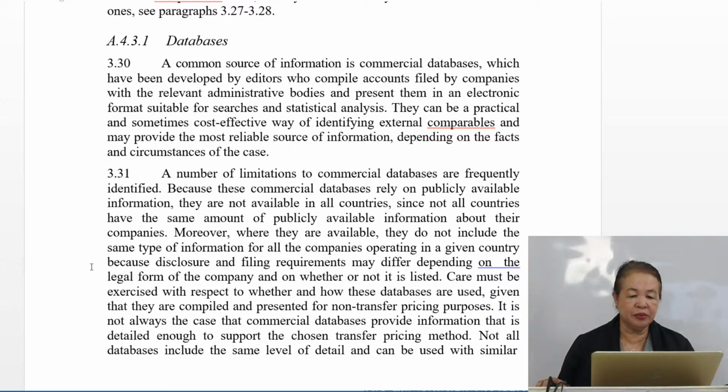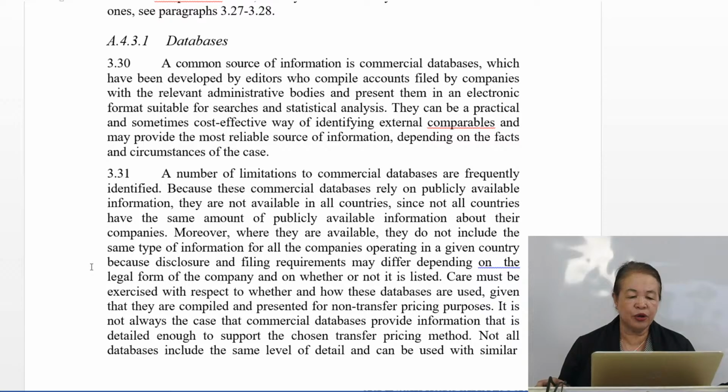A number of limitations to commercial databases are frequently identified because these commercial databases rely on publicly available information. They are not available in all countries since not all countries have the same amount of publicly available information about their companies.